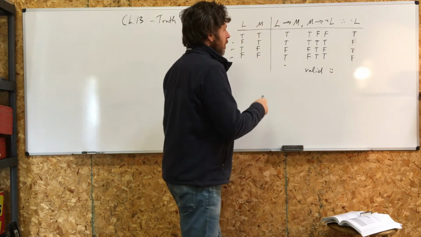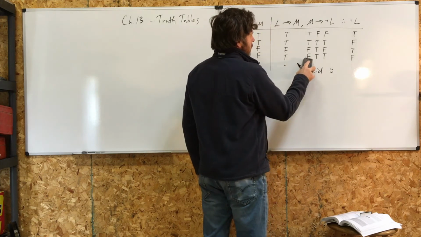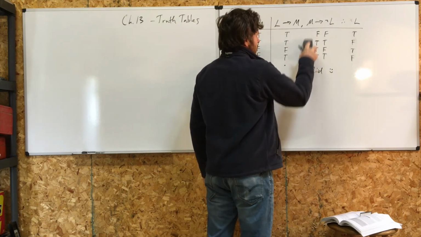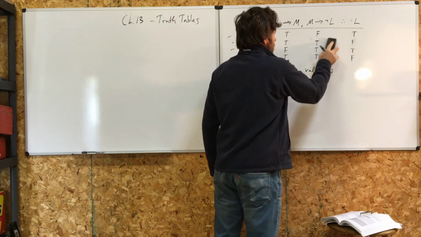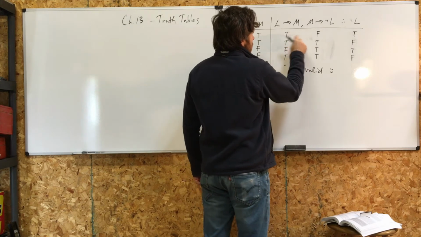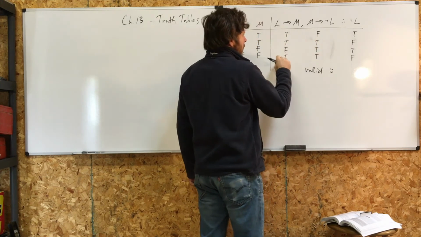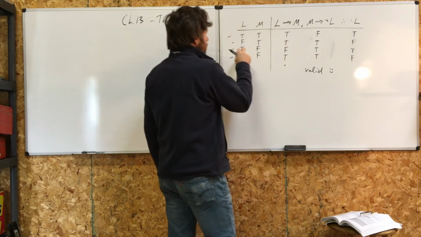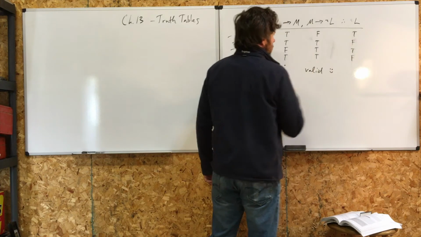Now let's go through the rows. I'm going to actually take these off. They drop out in a sense. They're not needed. So let's just look at these. First row, you don't have all true premises, so it's irrelevant. Second row now, look at this. Premises are both true, conclusion false.